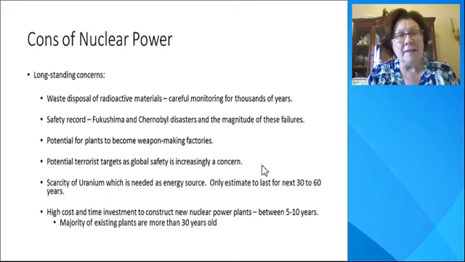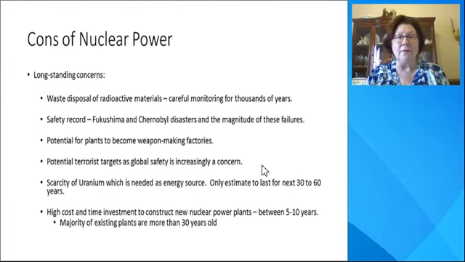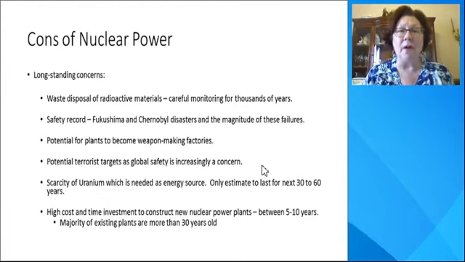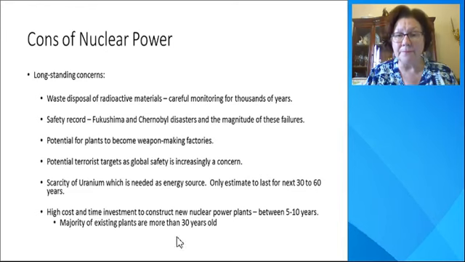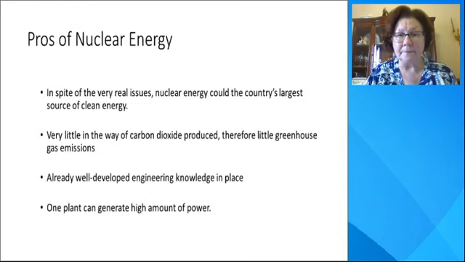There is a high cost and time investment to construct new nuclear power plants, between 5 to 10 years. The majority of the existing plants now are over 30 years old, so it's becoming an aging problem with the existing plants. On the other side of the coin, those who advocate for nuclear energy feel that in spite of these very real issues, nuclear energy could be the country's largest source of clean energy.